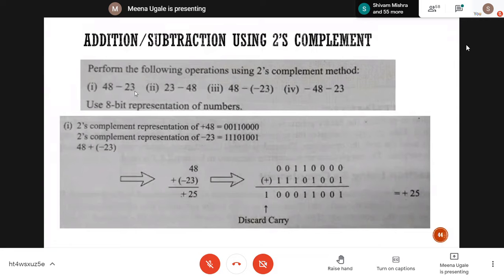Those who have got the correct answer can try for the second sum, 23 minus 48. Now when you go for 23 minus 48, you need the binary representation for 23 and the 2's complement of 48.